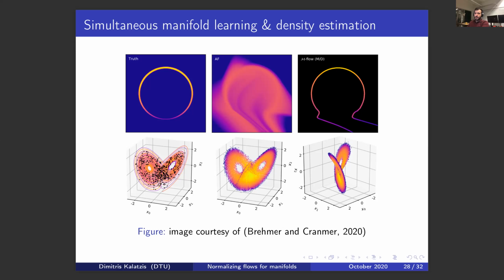So in the bottom row, we see the Lorentz attractor system with ground truth trajectories and points sampled along these, and it is shown on the leftmost panel. And the middle and rightmost panels show different perspectives of samples that we sampled more or less from the manifold flow, which was trained on the Lorentz attractor.